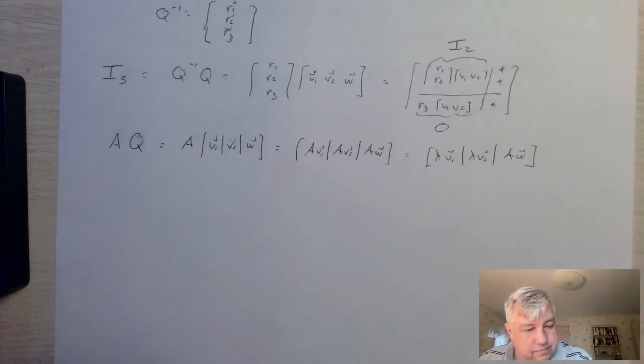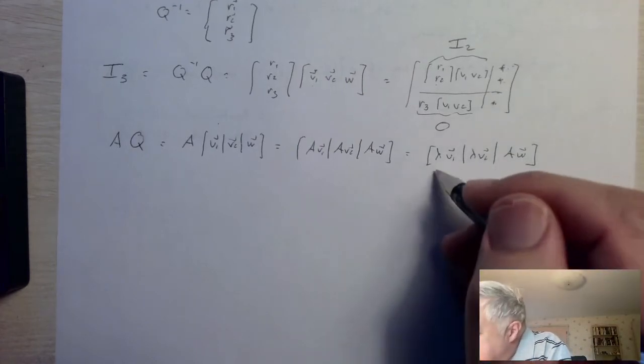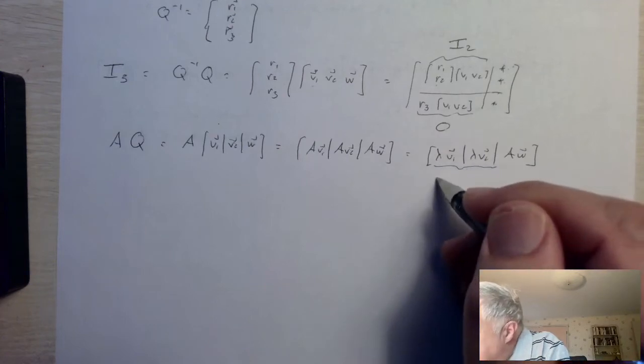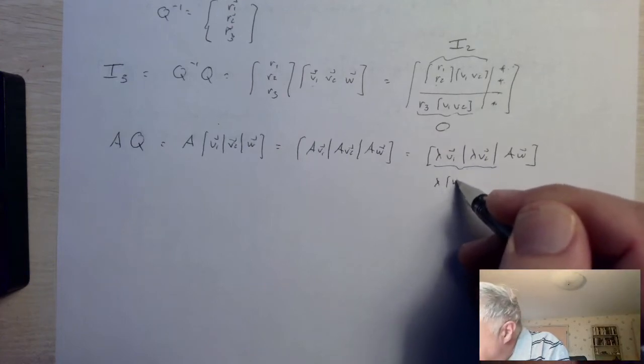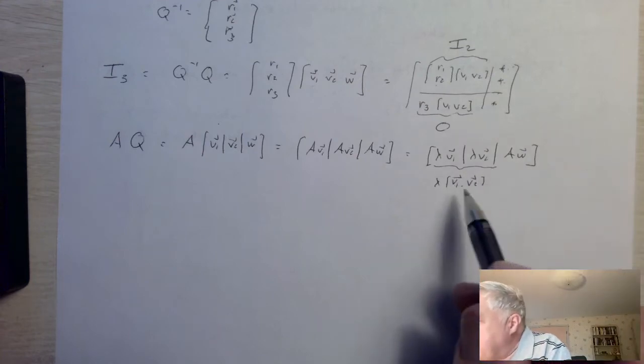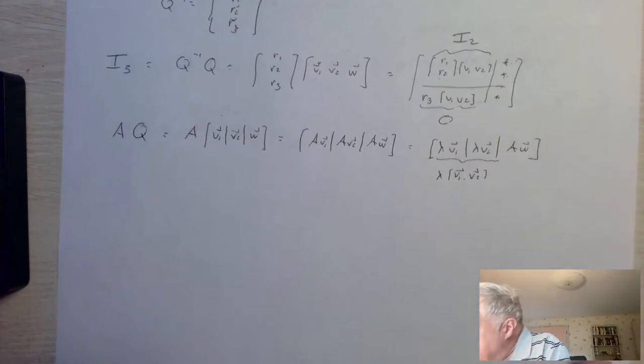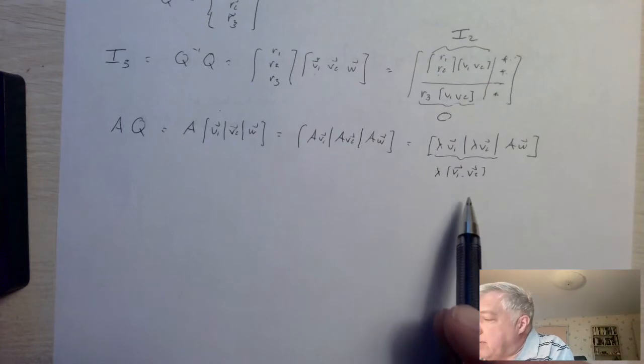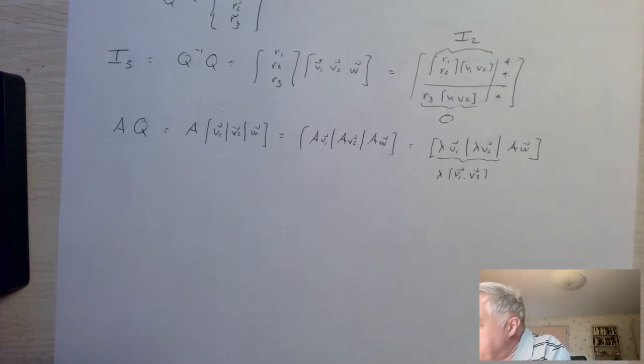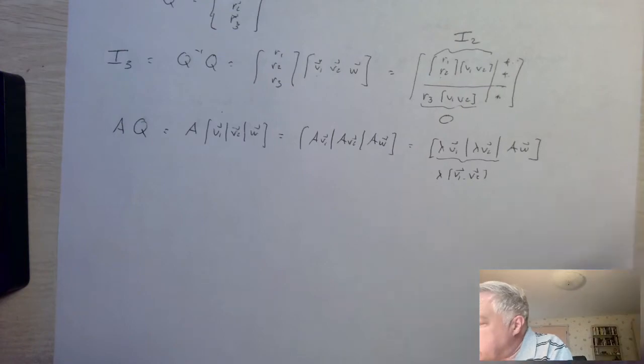Now we can see that this, in fact, is just going to be lambda V1, V2. Well, we'll leave it like that for now.